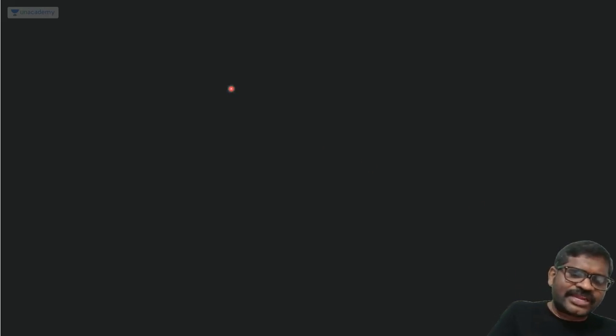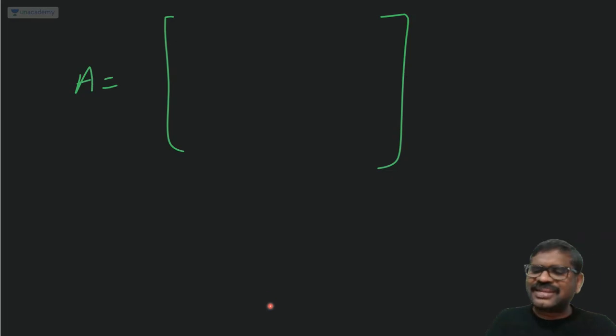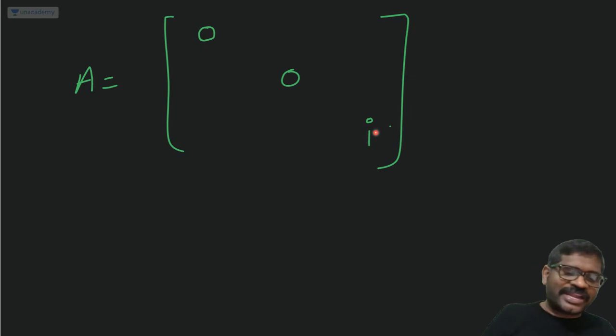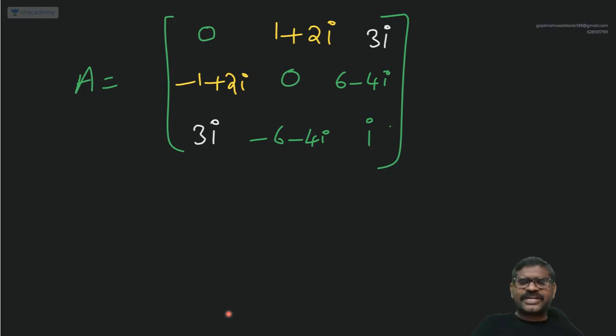If you write a 3 cross 3 matrix A, here 0, 0, i, I have taken imaginary. Remaining entries: 1 plus 2i, minus 1 plus 2i, 3i, 3i, here 6 minus 4i, minus 6 minus 4i. Understood?